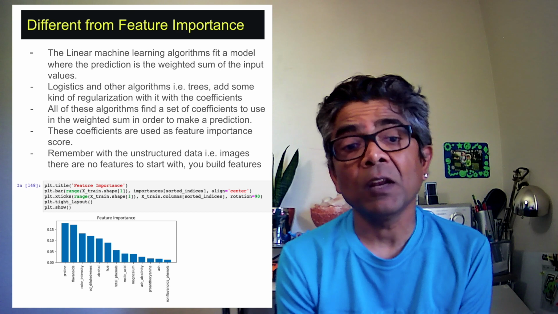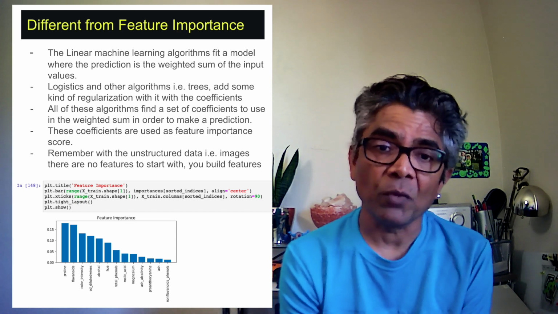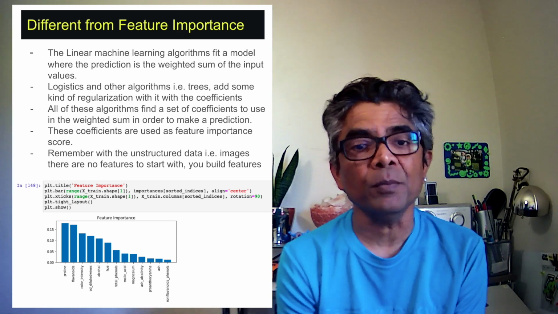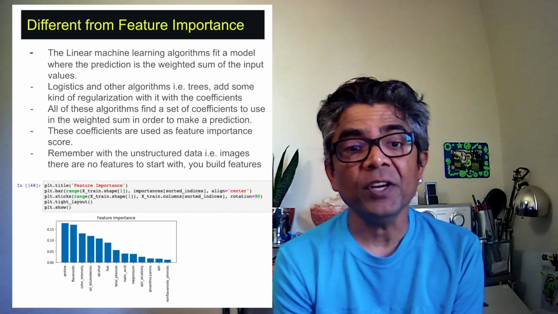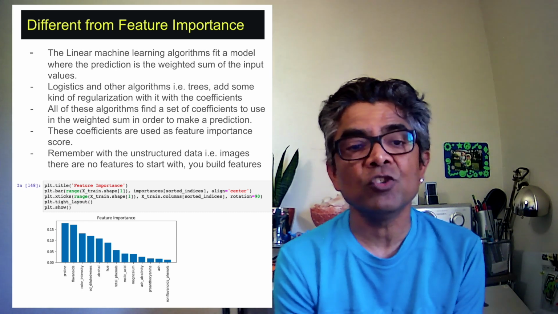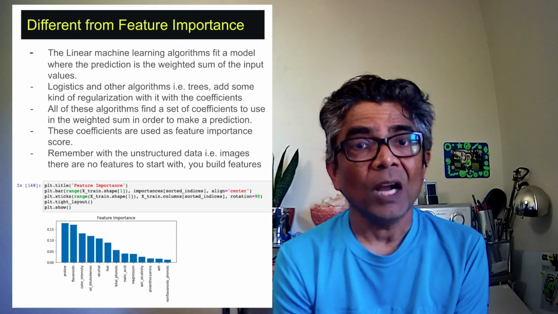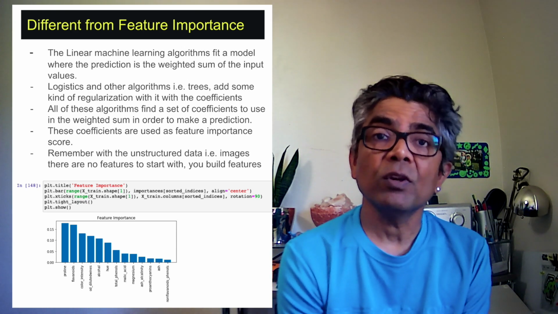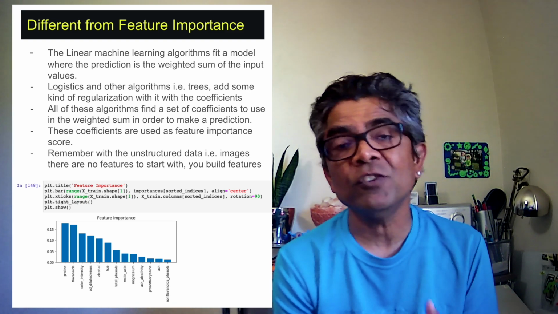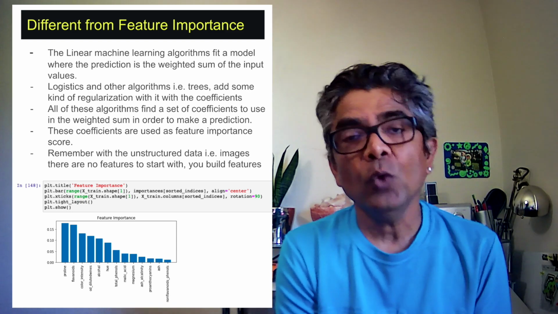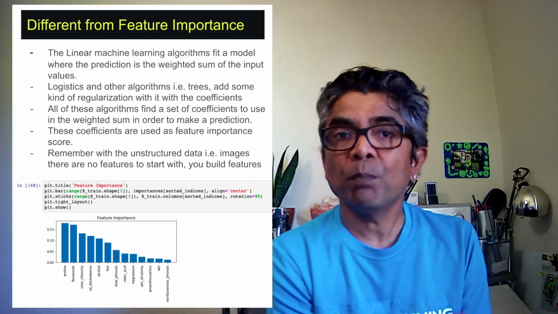So all of these algorithms find a set of coefficients to use as a weighted sum in order to make the predictions, and these coefficients are actually used as the feature importance score. However, when we use LIME-based prediction, we do not use these coefficients. Instead, we generate a new model which is local to the given prediction.